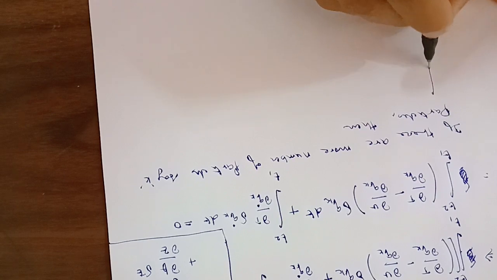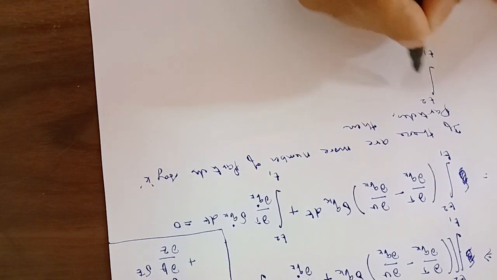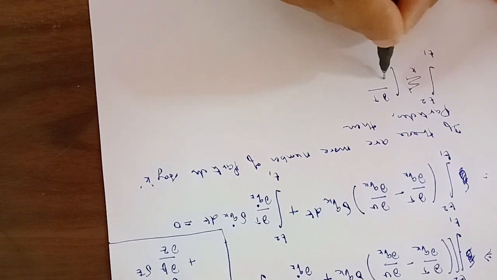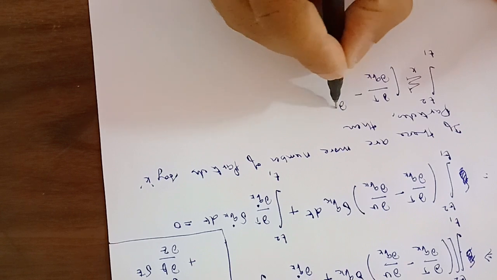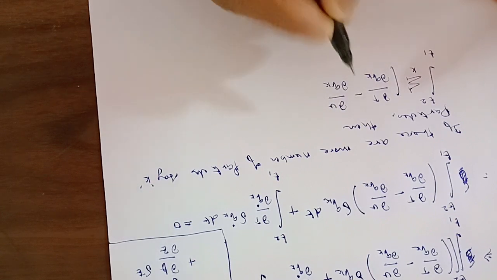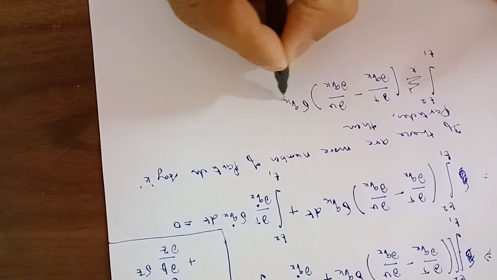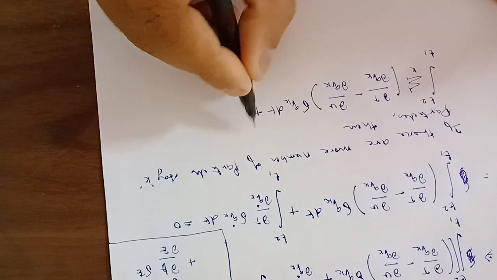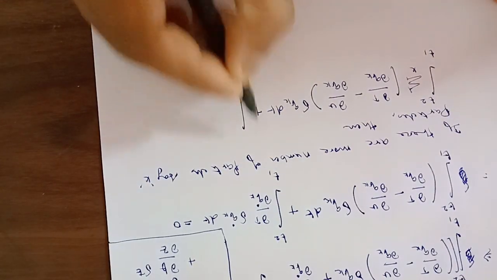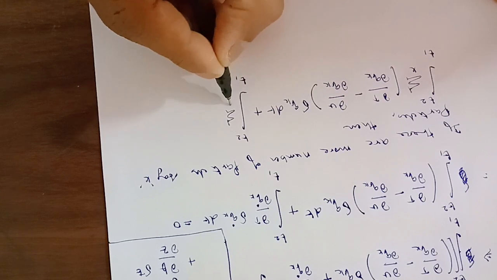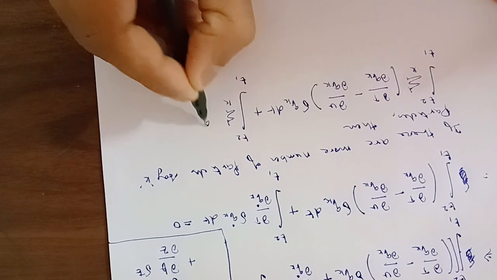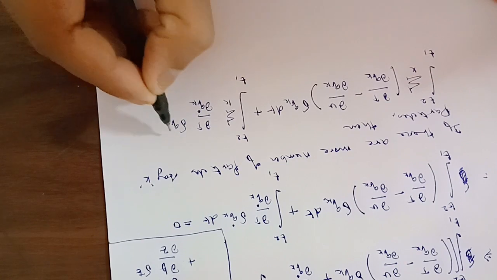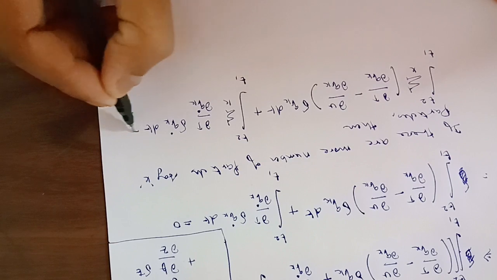Therefore, the above equation may be written as integral t1 to t2 summation over k of (dou T by dou qk minus dou V by dou qk) into delta qk dt, plus for the second integration, t1 to t2 summation over k of dou T by dou qk dot into delta qk dot dt is equal to 0.